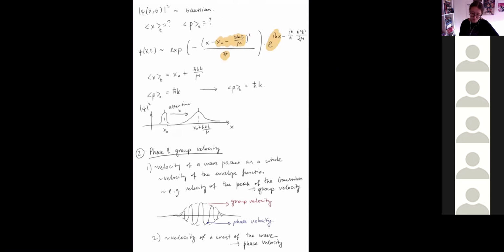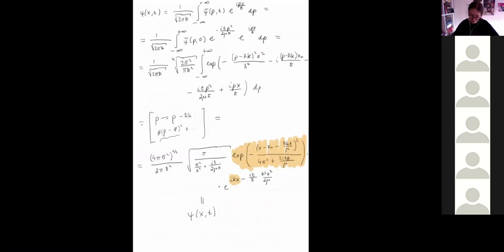Just to compare it to the example of the Gaussian that we had in a previous exercise. If we look at the psi of xt that we got here, we have some coefficient, and then this exponential which depends on k.